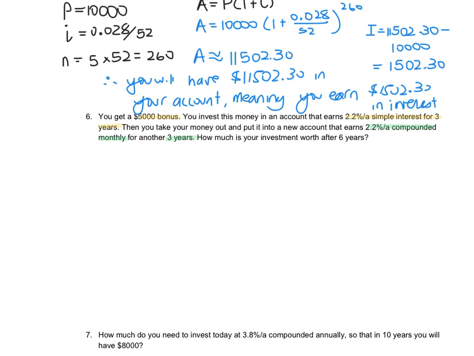So first thing, let's deal with the simple interest part because that's the first 3 years. So there, our principal is $5,000. Our rate is 0.022 and our time is 3 years. So why don't you go ahead and pause the video and figure out how much money you will have after 3 years of this simple interest.